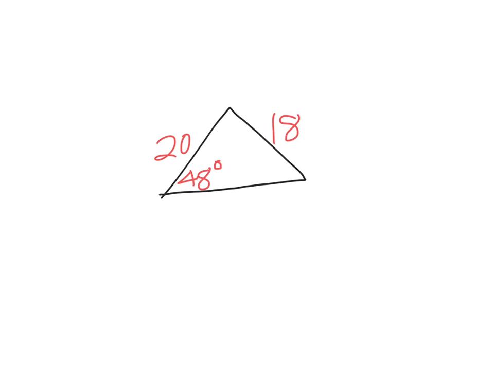So I'm going to need to use half ab sine C. This is not an easy question. What makes this harder than the last one is that although I have two sides given to me, this side and this side, I don't know the angle between them. So I'm going to call that angle theta. I need to find what theta is to use the formula.